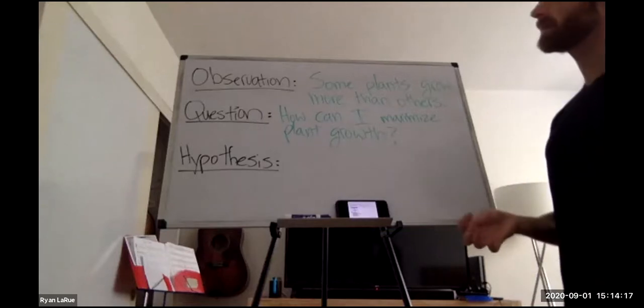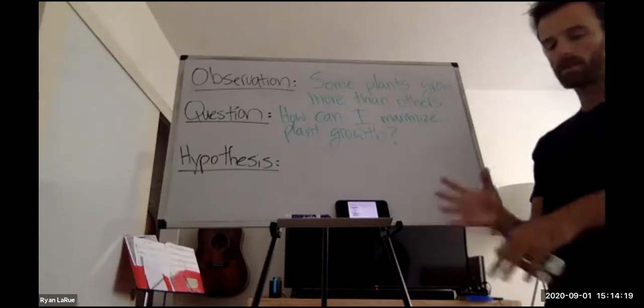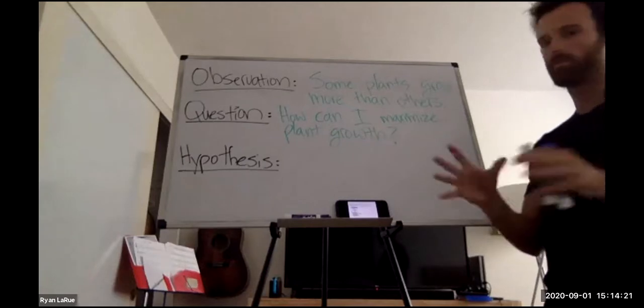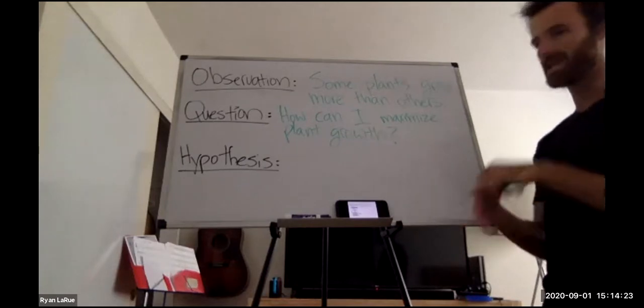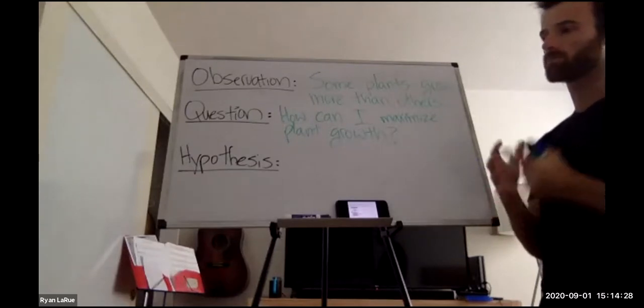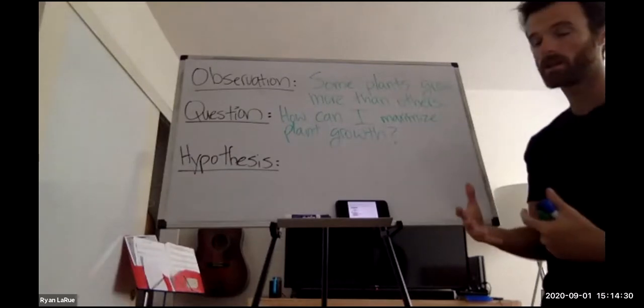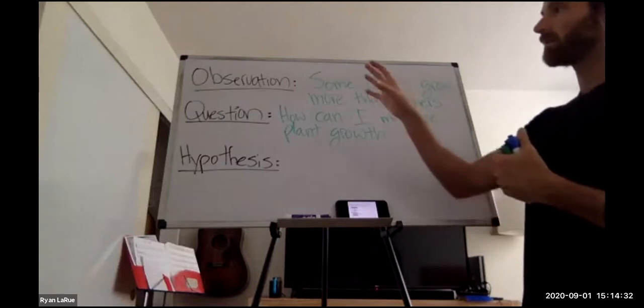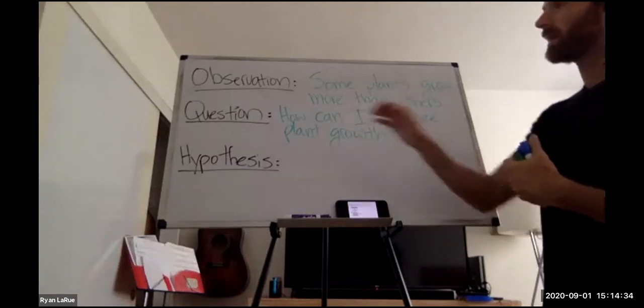Well, the first is that a hypothesis, just as a sort of definition, is an educated guess. It is a guess or a proposed explanation for the observation and answering the question.